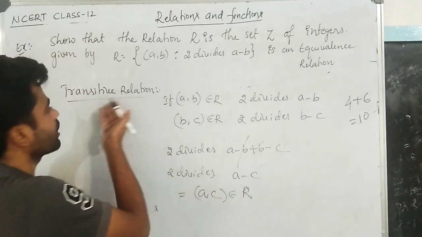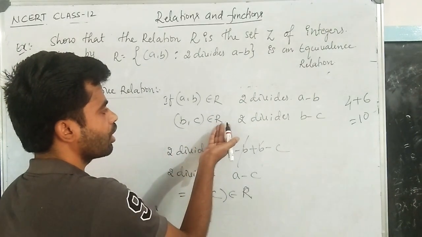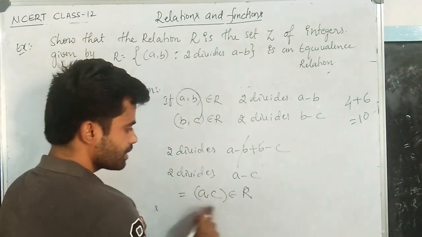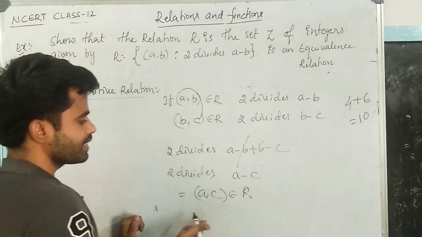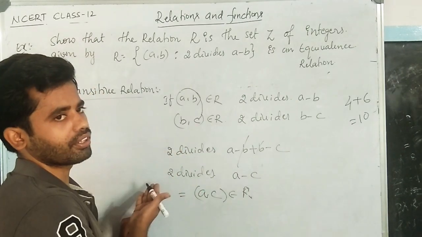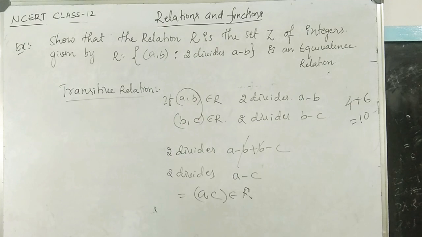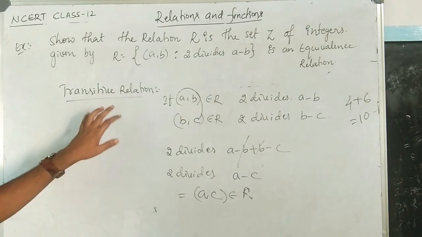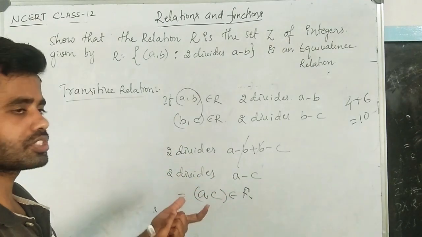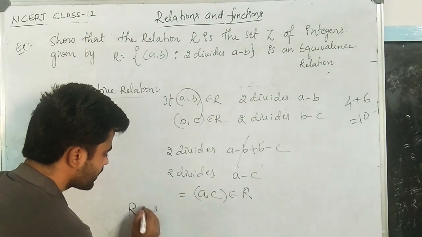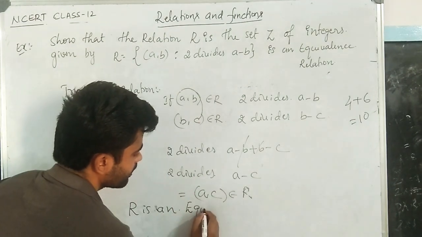According to transitive, (A, B) belongs to R and (B, C) belongs to R means (A, C) is in R, then the relation is called transitive. Hence this relation is a transitive relation. Now this relation satisfies reflexive, symmetric and transitive, so R is an equivalence relation.